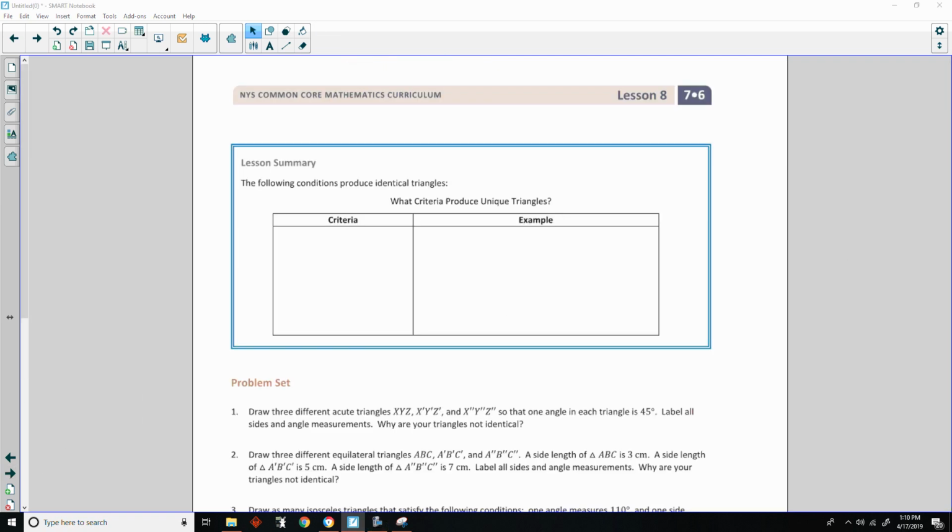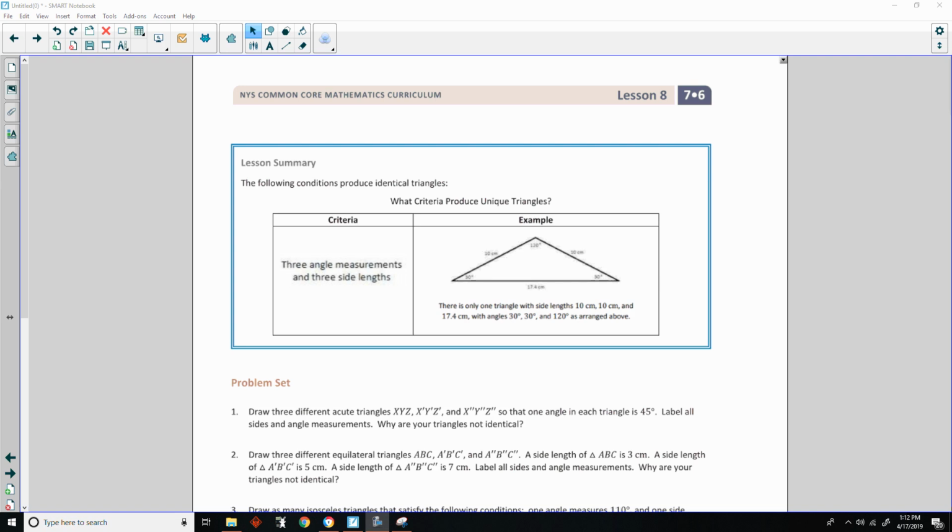Okay, lesson summary. It says the following conditions produce identical triangles. Okay, 3 angle measurements and 3 side lengths is our criteria. And with this triangle here, where the base is 17.4 centimeters, one leg's 10 and the other one's also 10, we have two 30-degree angles and one 120-degree angle.